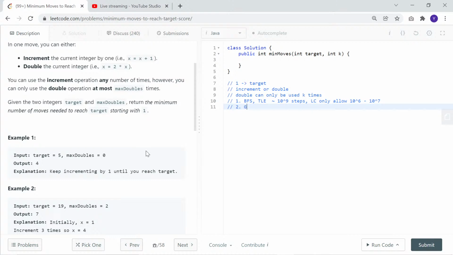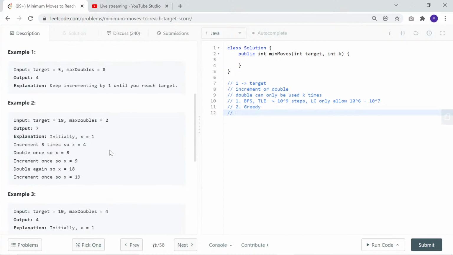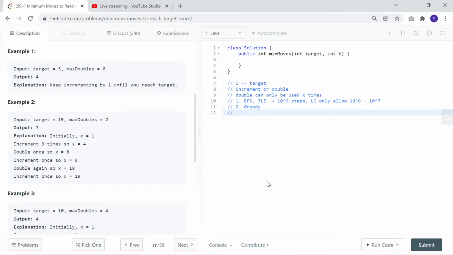We have to use some greedy approach. I think most people's solution is using greedy. Firstly, we're starting from 1, right, and we go to the target.